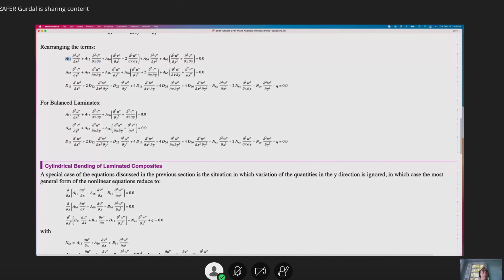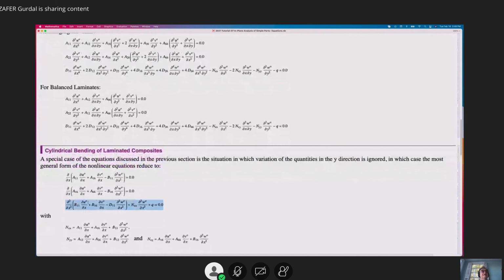If you do that, this expression reduces to this one. Note that we're still keeping a 1/6 and a 2/6 term. The second expression becomes this, and the third expression becomes this. And for constant stiffness laminates, we can always take the A11 out and write it just like A11 times partial square U partial x square here.